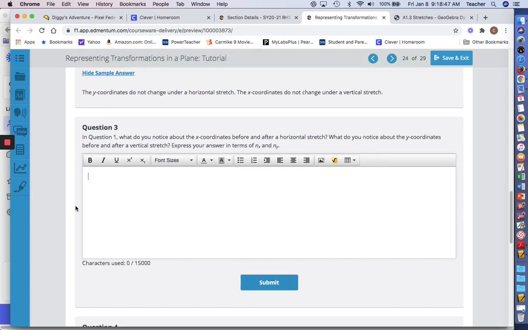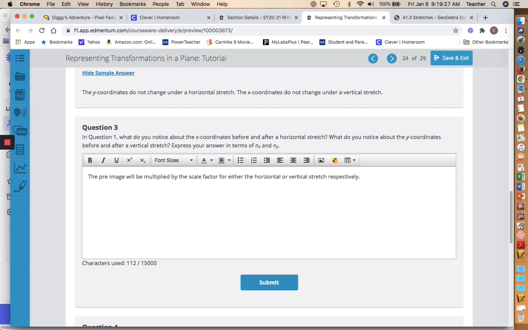All right, question 3. In question 1, what do you notice about the x coordinate before and after the horizontal stretch? What do you notice about the y coordinate in terms of x? And well, it's just multiplied by the scale factor. The pre-image will be multiplied by the scale factor for either the horizontal or vertical stretch, respectively.